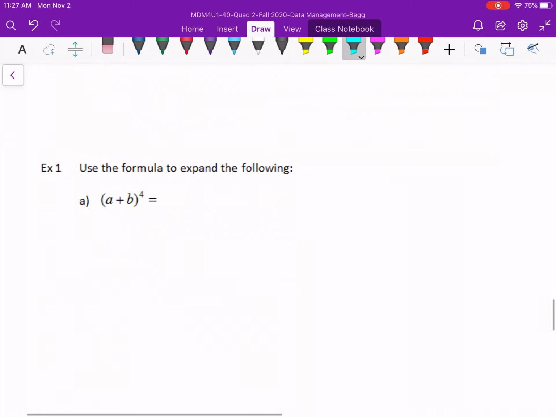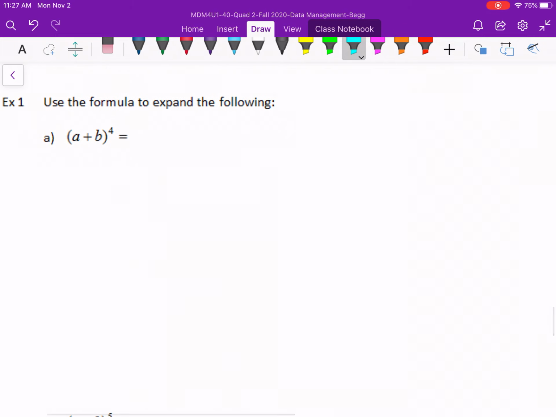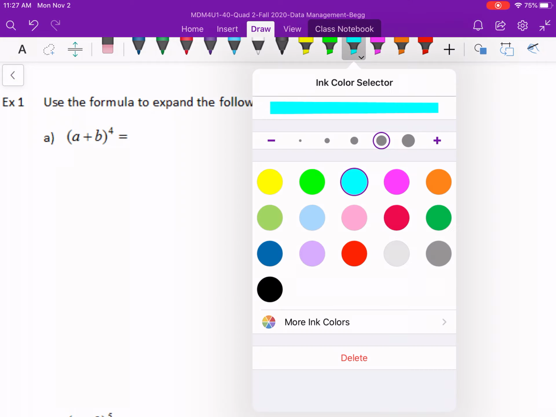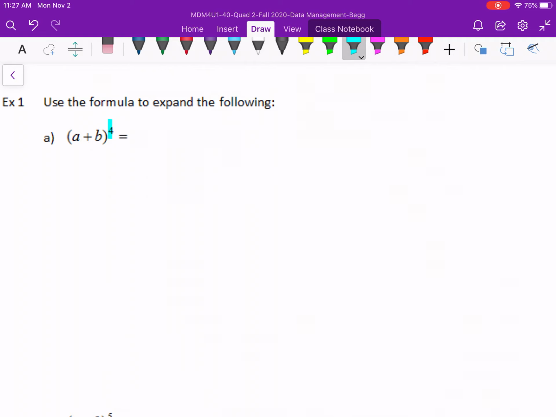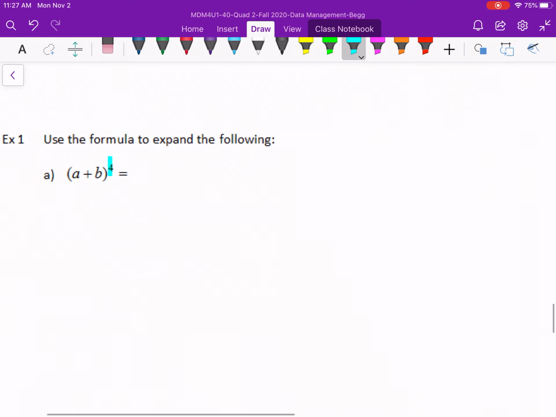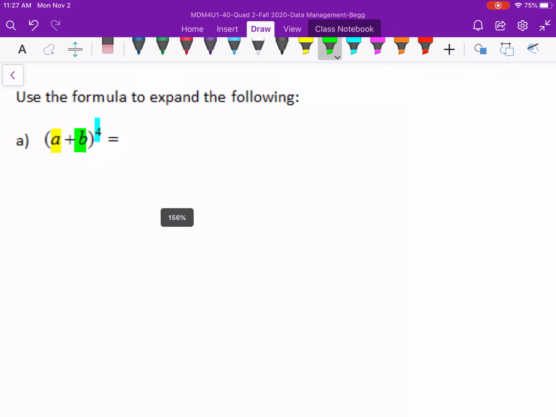So let's do it. We're going to use this formula to expand (a + b)⁴. All right, so n is 4. I'm going to use the same highlighting here: yellow for a and green for b. Don't need to highlight it, but I think it might help.